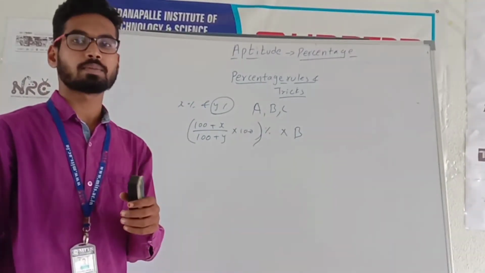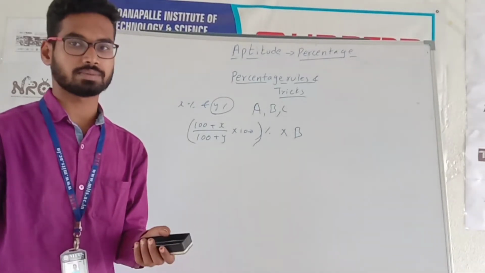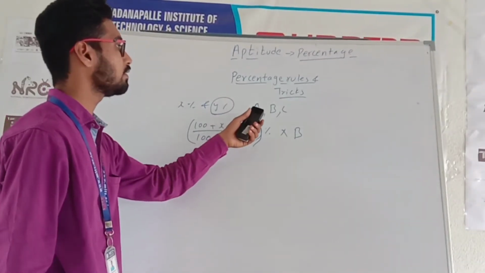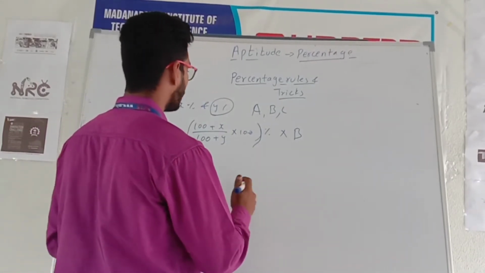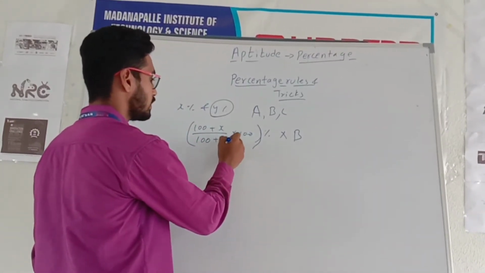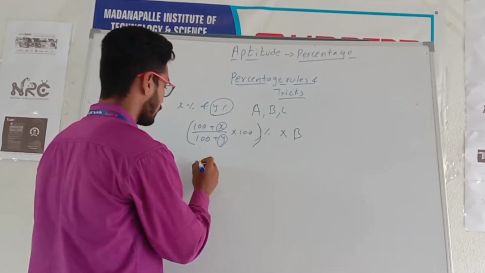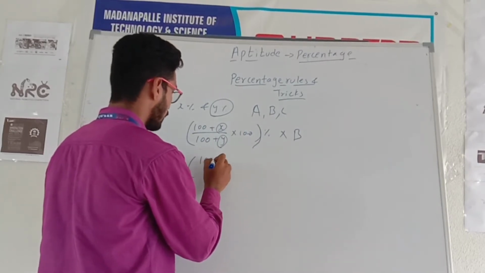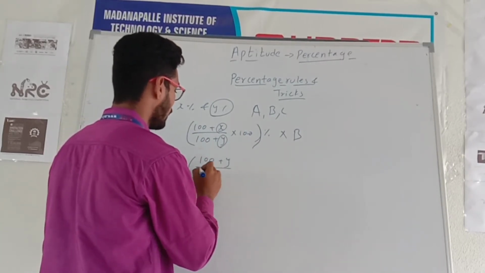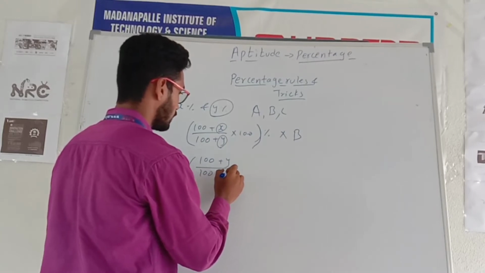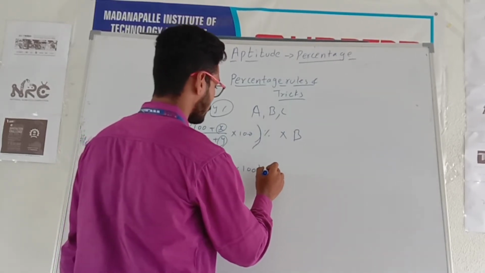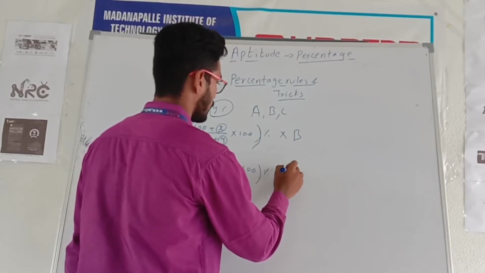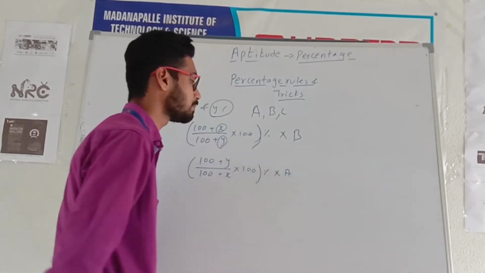If you want to find the value of the first one, you can write it by interchanging these two terms. Similarly, (100 plus y) by (100 plus x) into 100 percent into a.